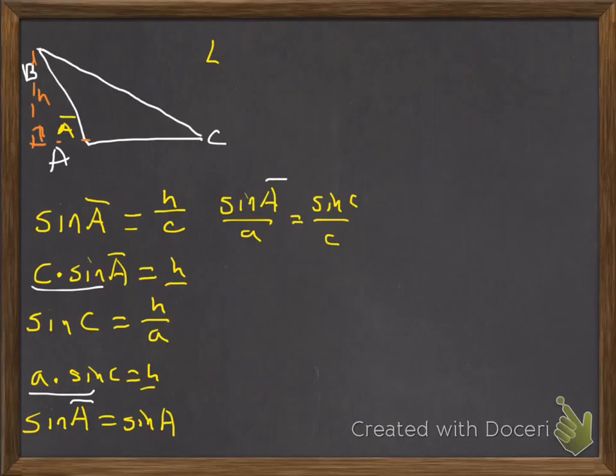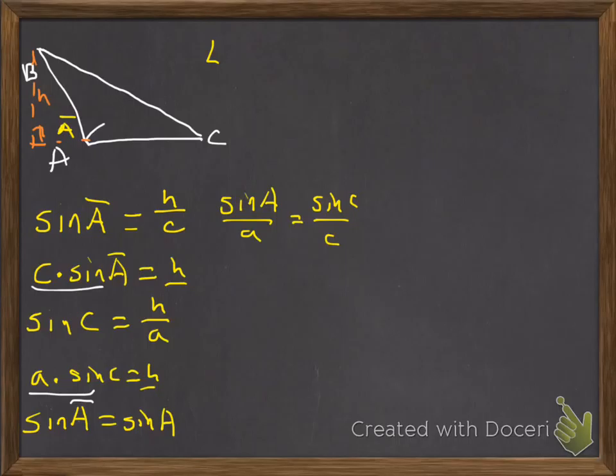It was originally sine of A bar over A equals sine of C over C, but we had mentioned earlier that sine of A bar is the same as sine of A. Then we can do a similar argument to get sine of B over B equals sine of C over C, and most likely would drop a perpendicular here and do a very similar argument.